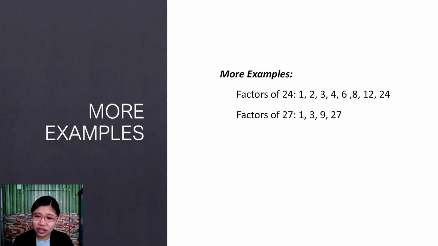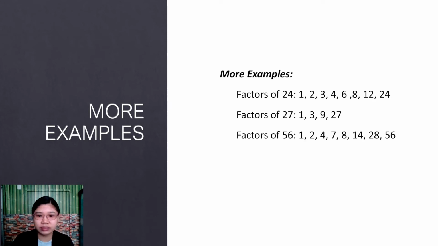Next, factors of 27: 1 and 27, 3 and 9. And then factors of 56, we have 1 and 56, 2 and 28, 4 and 14, and then 7 and 8. Factors of 61: 1 and 61. So again, numbers that are greater than 1 and have only 2 positive factors, 1 and itself, are called prime numbers.